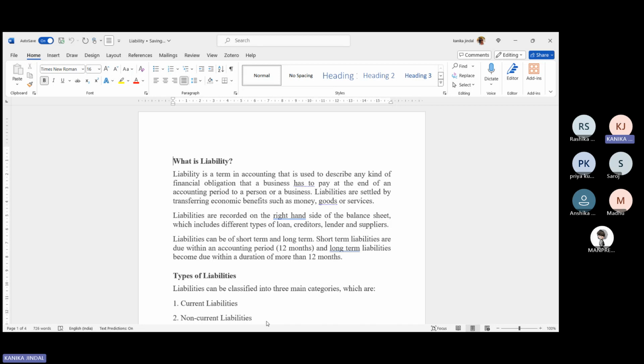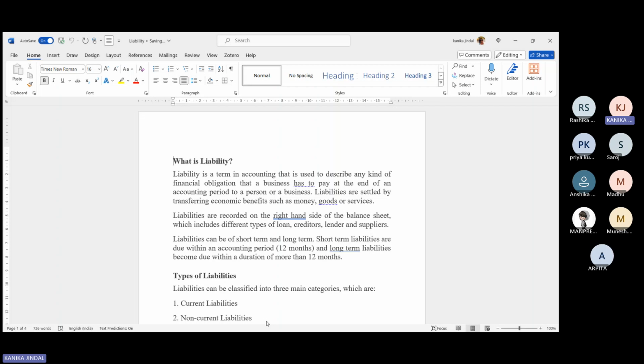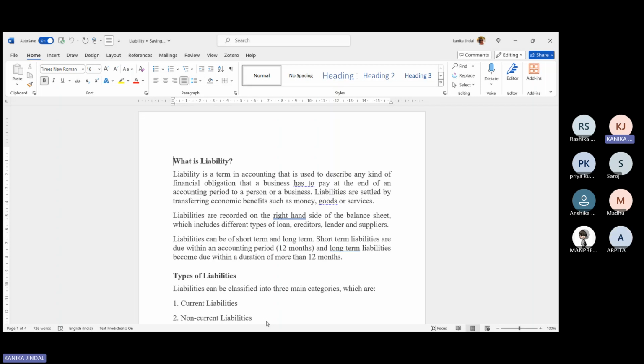So when we talk about the term liability, there is something which we have not done as our responsibility. Liabilities are said to be settled when the transfer of economic benefits in the form of money, goods or services is complete as per the contract. Liabilities are recorded on the right-hand side of the balance sheet, which includes different types of loans, creditors, lenders, and suppliers.